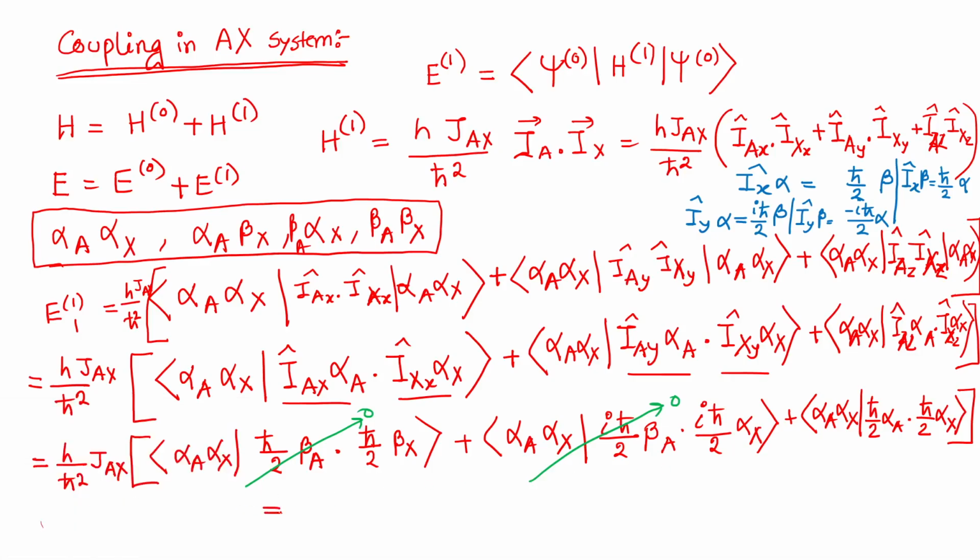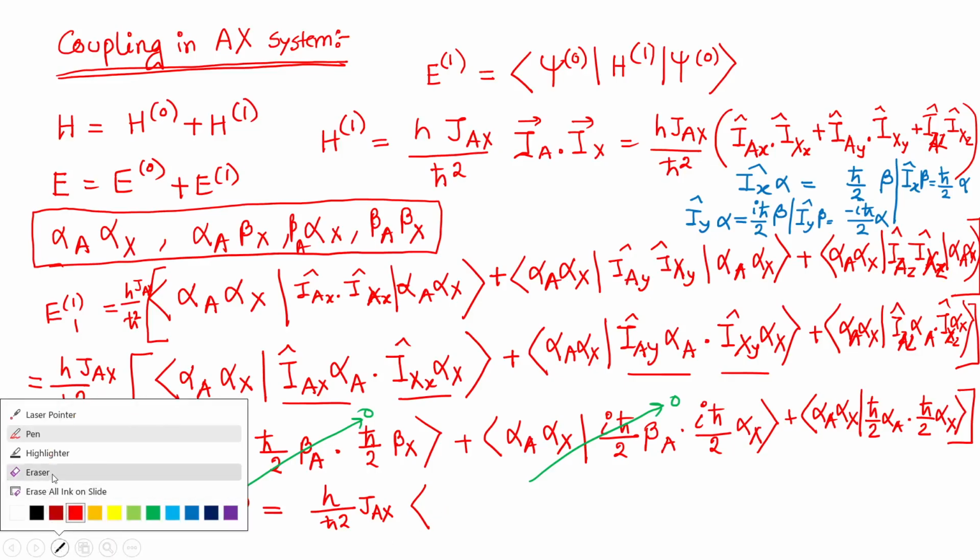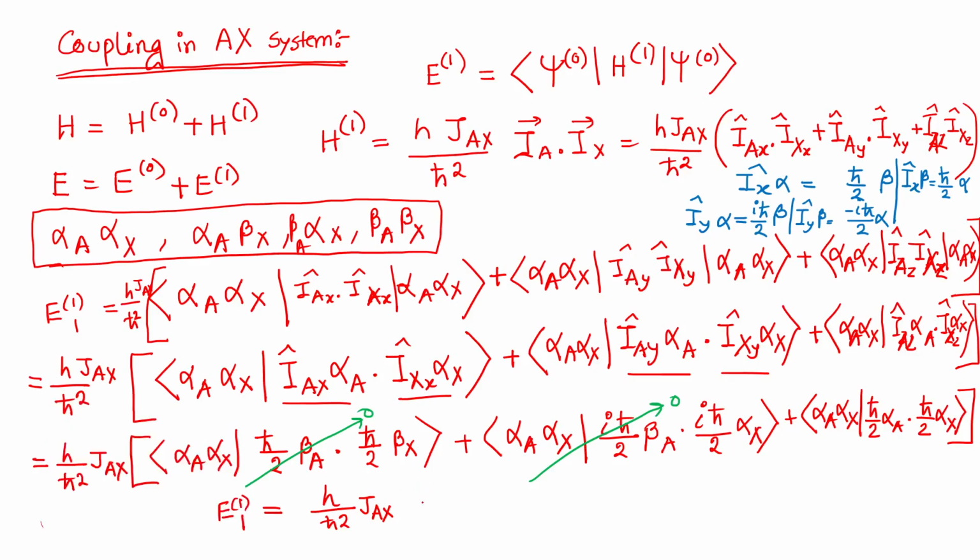So that we have the first order correction to that, h over h cut square, J AX. Okay, we will not write this because we know that is going to be 1.